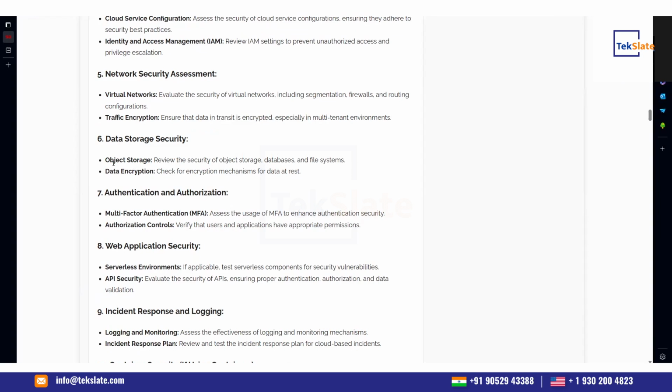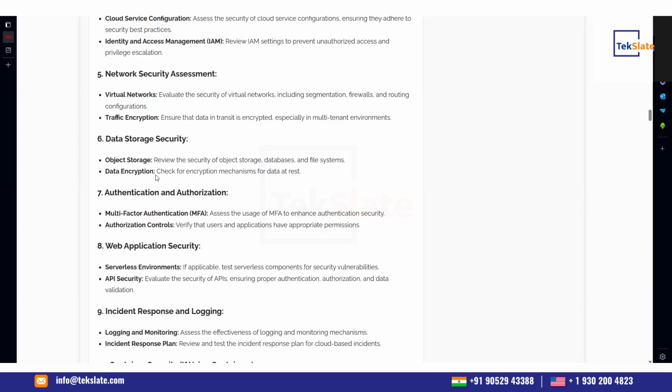We'll review the security of object storage, like a hard disk in a laptop or something else, and of databases and file systems.